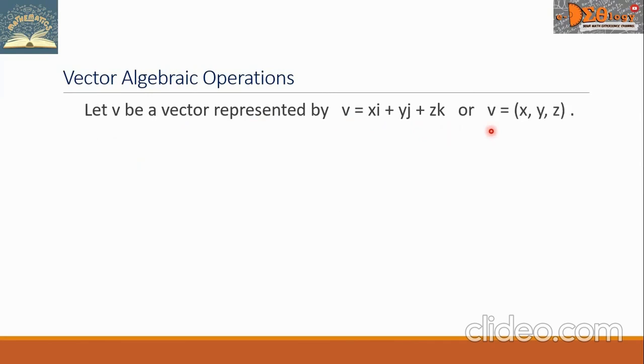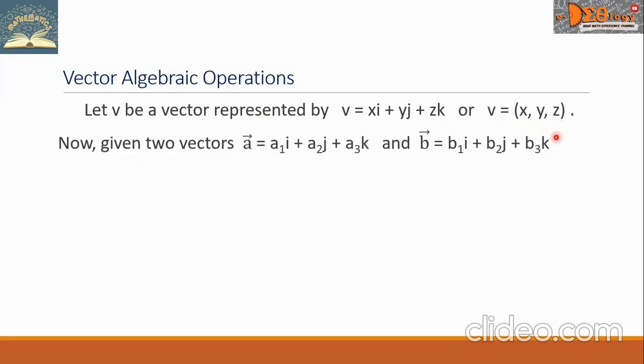Or we can represent it this way: V equals ⟨x, y, z⟩. Now given two vectors, vector A equals a sub 1 i plus a sub 2 j plus a sub 3 k, and vector B equals b sub 1 i plus b sub 2 j plus b sub 3 k.